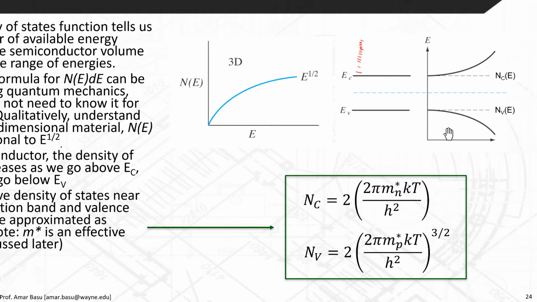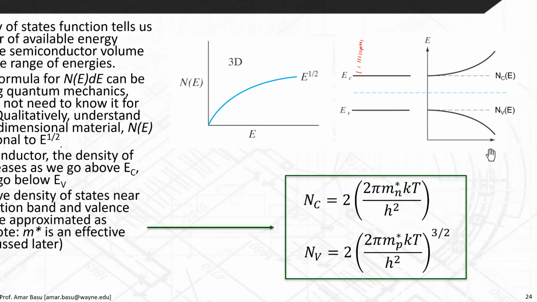Engineers often like to find shortcuts, partly because we're lazy, but also more importantly because doing things by hand gives you more intuition. That's why we often try to take shortcuts that allow us to do calculations by hand to give us an intuition. And the simplification that engineers do here is that they take an effective density of states.